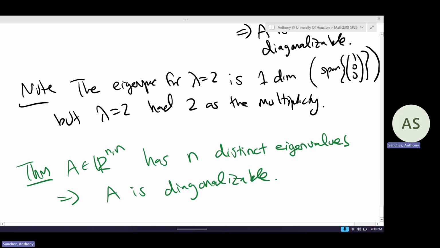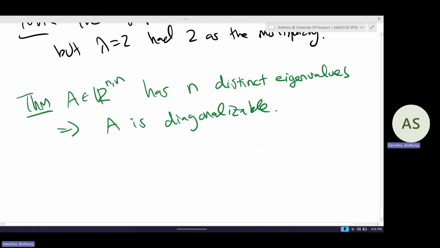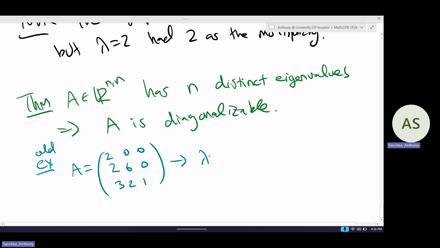All right. So this is what we saw earlier, right? We saw this in a specific setting, an old example. We saw this in the matrix A equal to [2, 0, 0; 6, 0, 2; 3, 2, 1]. This is one that we solved earlier. We saw in this case lambda was given by 1, 2, and 6, all with multiplicity 1.